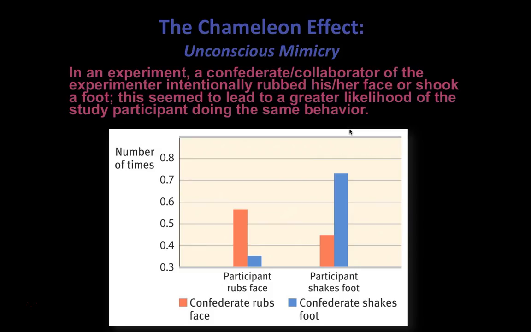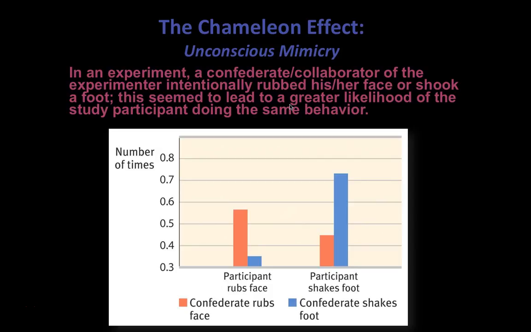Here's a study of what's called the chameleon effect on conscious mimicry. In this particular study, a Confederate, a collaborator of the experimenter, intentionally rubbed his or her face or shook a foot as he or she engaged in a conversation with a naive participant in the study.